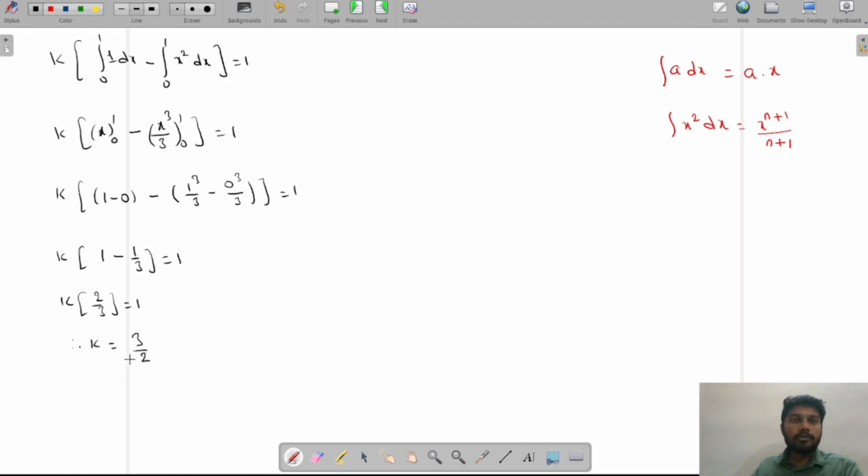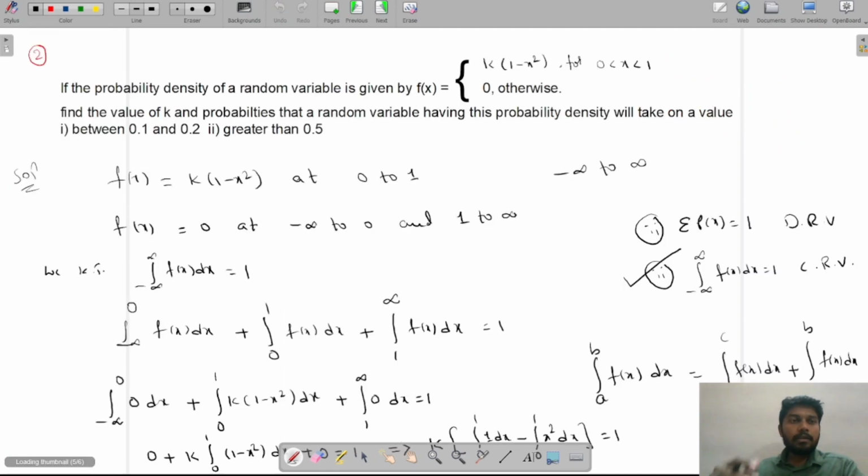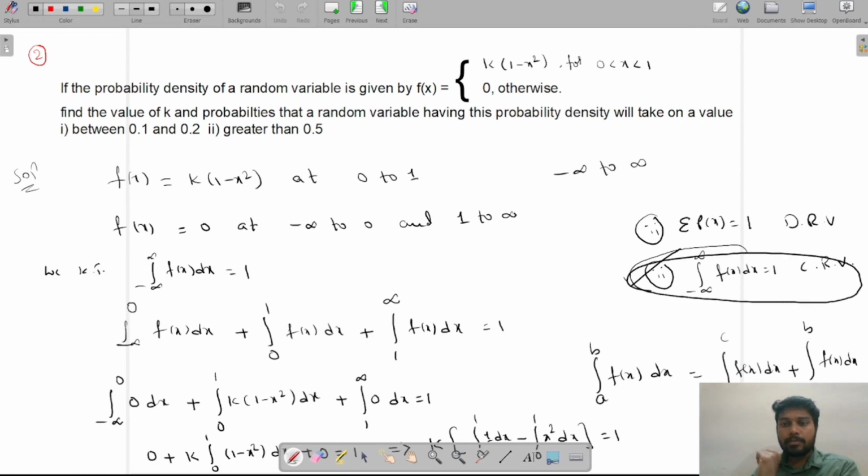Hence we found the value of k. So what I did here: whenever I want to find the value of k in a continuous random variable, I should take the help of this second property of the continuous random variable, integration minus infinity to plus infinity f of x dx equal to 1.